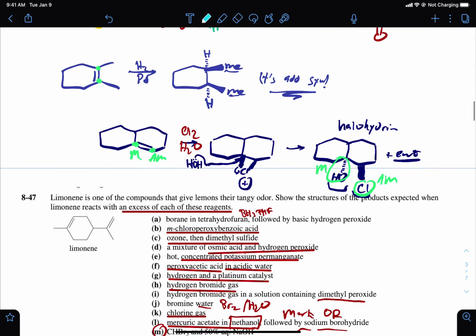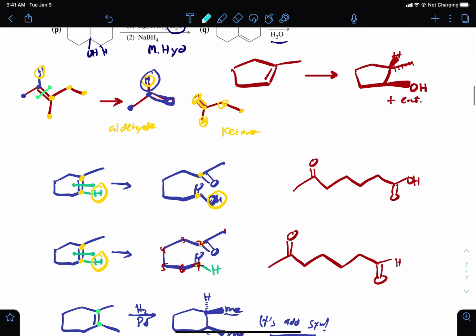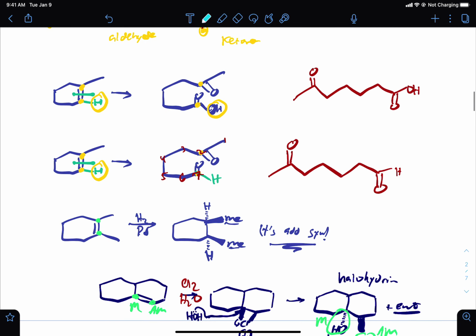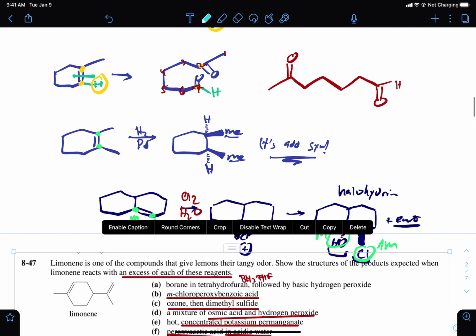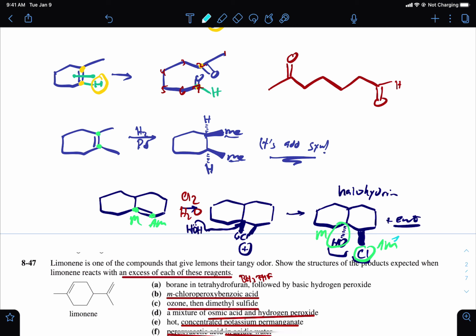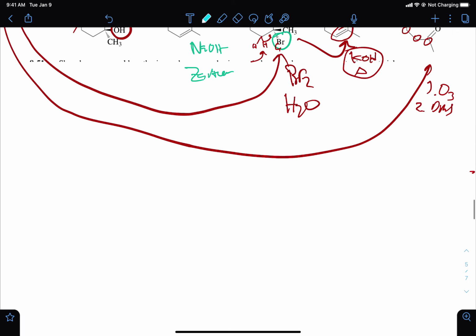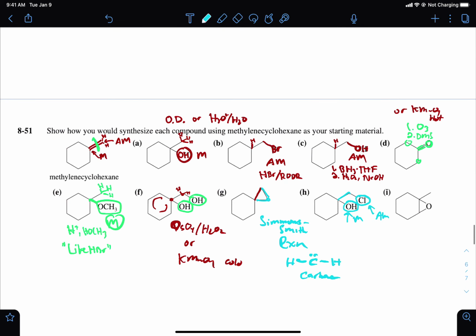The OH adds Markovnikov. The chlorine adds anti-Markovnikov. So they're anti to each other, and they have a specific regiochemistry as well. In this problem, again, there's no stereochemistry.